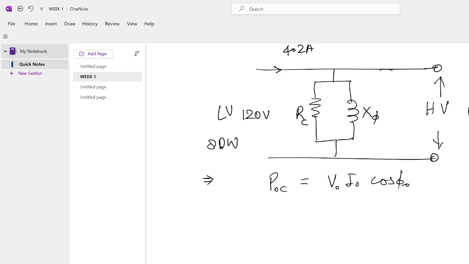Under this condition, the transformer will be supplying only the magnetizing part of the current, that is I naught, which will be broken into IC and IM, or I5, whatever you call it. This is the magnetizing part, and this is the core loss component.